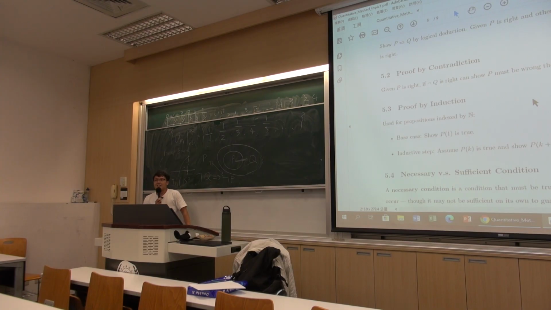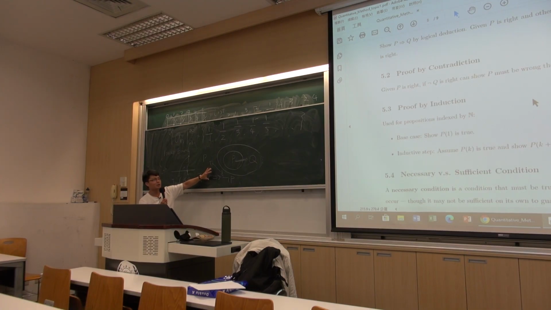But sometimes it's not that easy to use a direct proof in this case. So we assume Q is wrong. Okay? And then based on the assumption that Q is wrong, we figure out P must be wrong. But we are given that P is right, so something weird happens, and that is the contradiction.